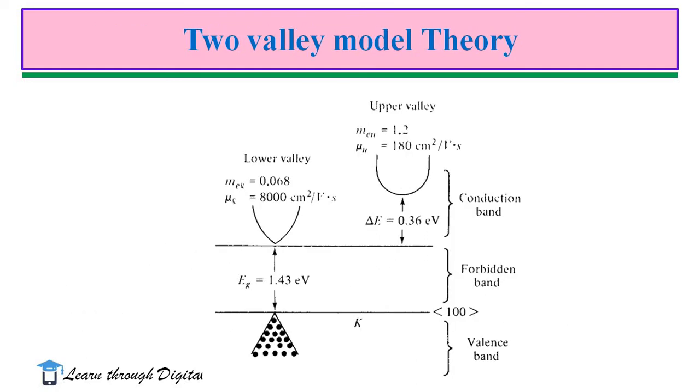Next, we are going to talk about two-valley model theory. This two-valley model theory is also known as RWH theory. It is generally based on population inversion principle.